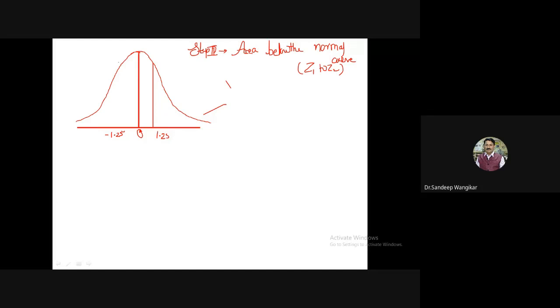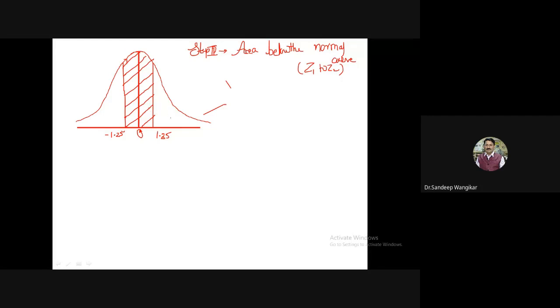Just we are taking an example and we are showing it. This is another case. Now this is minus 1.25 to plus 1.25. Now I want to calculate this particular area. I have highlighted.